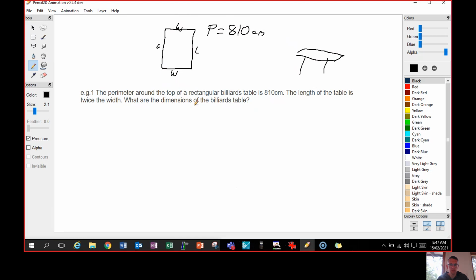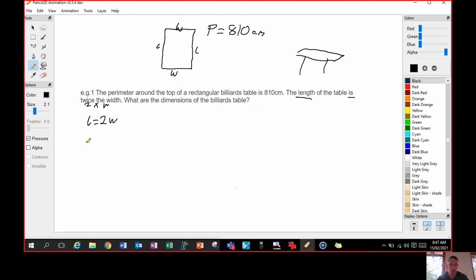What are the dimensions of the table? Well, we know that the length of the table is twice the width. So the length L equals twice the width, 2 times the width. And that's how I got this expression here.